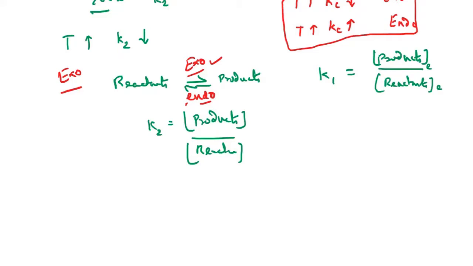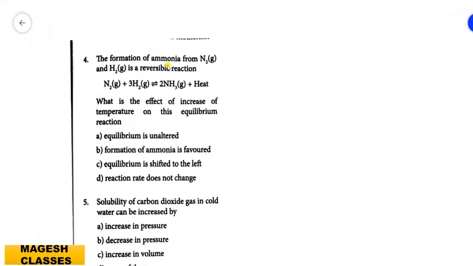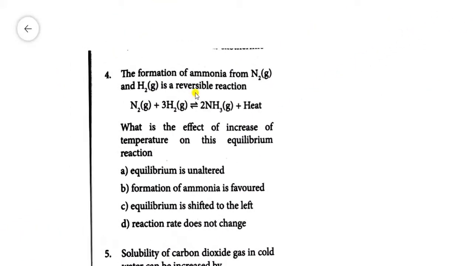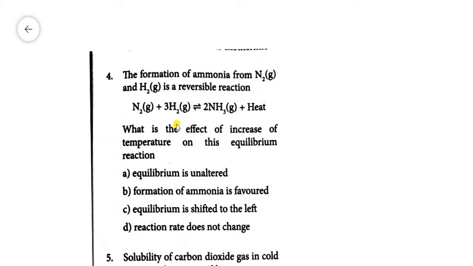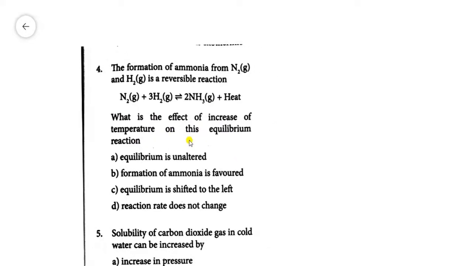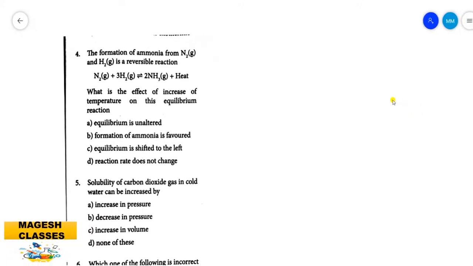Clear? Question number 4. The formation of ammonia from nitrogen and hydrogen is a reversible reaction. What is the effect of increase of temperature on this equilibrium reaction? The given reaction is exothermic because heat is produced, an exothermic equilibrium reaction.